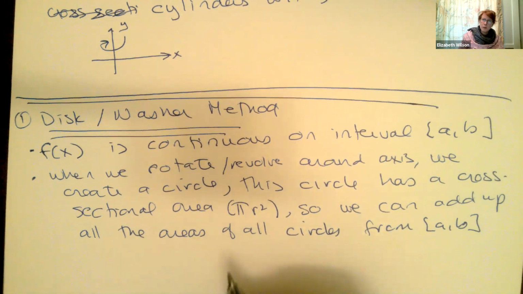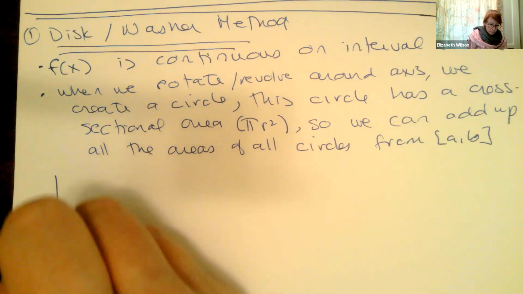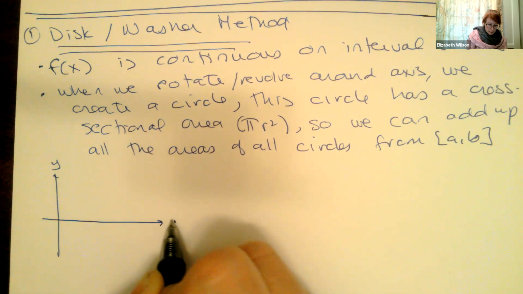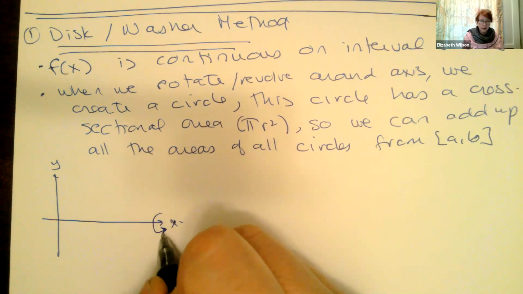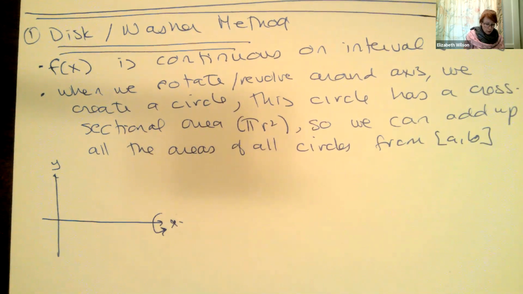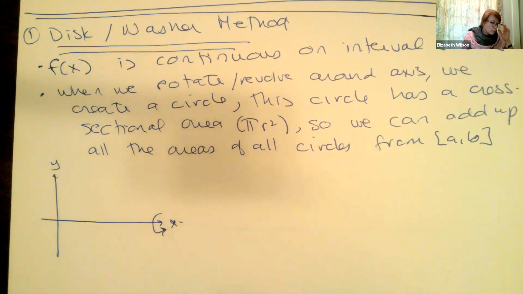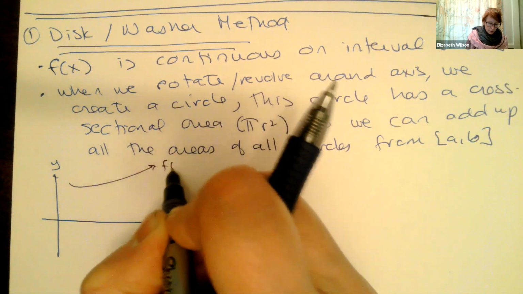All right, so let me draw a picture so you can see what I'm talking about. Let's say, for example, here's my y-axis, here's my x-axis. And now I'm going to go around my x-axis, just to visualize. I'll draw my function in purple. Here's my function.